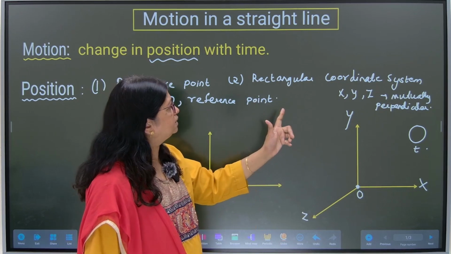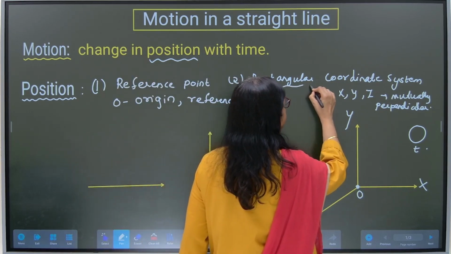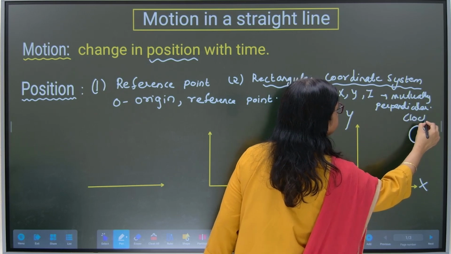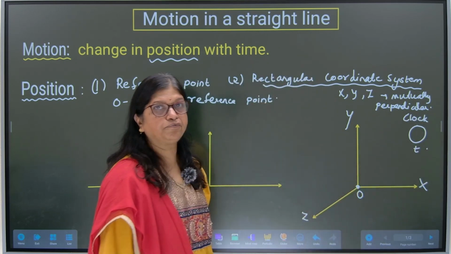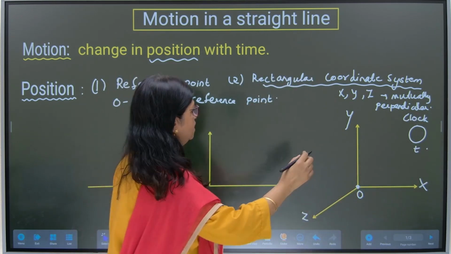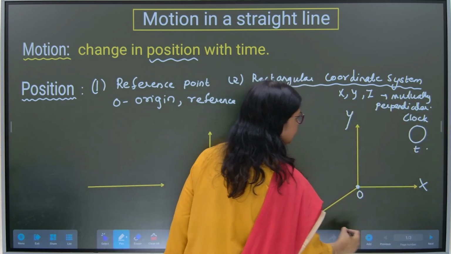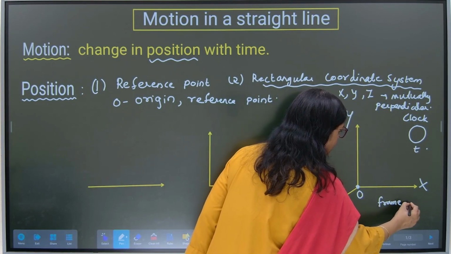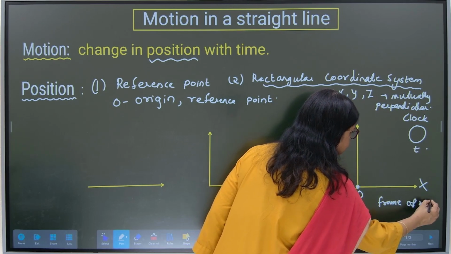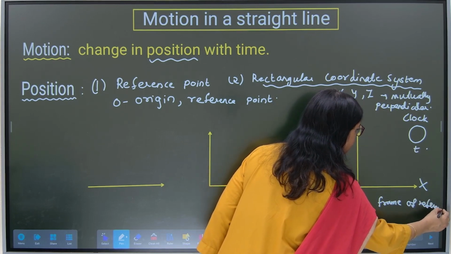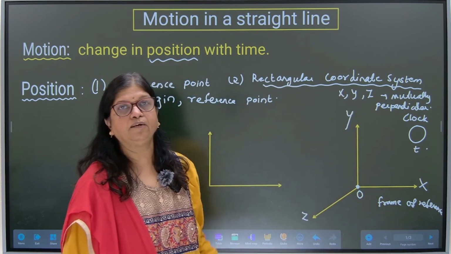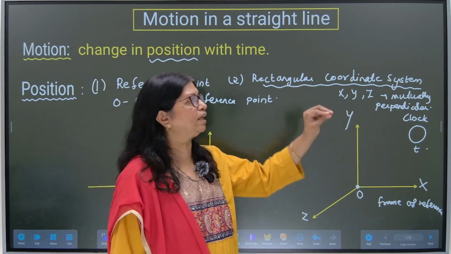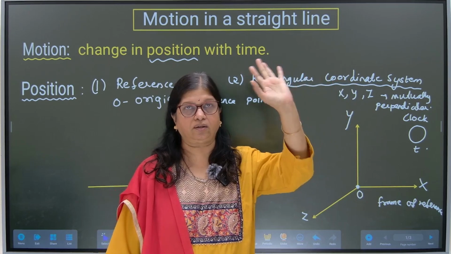If I consider a coordinate system with the clock, then I get a frame of reference. This complete arrangement is what? Frame of reference or reference frame. Simple. I have a frame of reference when I have a rectangular coordinate system with a clock.